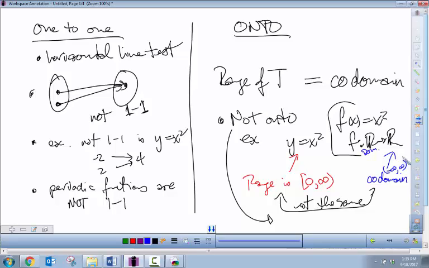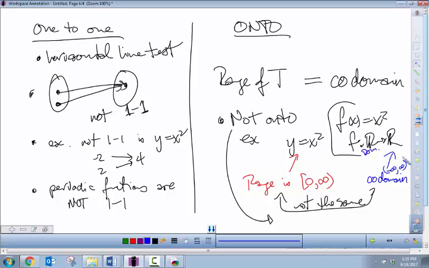For derivatives to exist. Although I don't think this is needed for the derivatives. I don't know why else we needed it. Well, we don't need to know it yet, but to find the inverse.